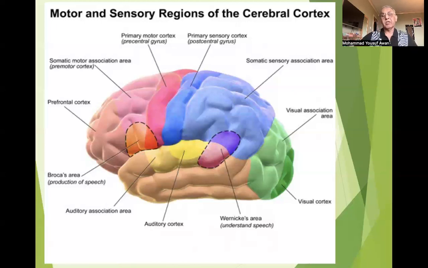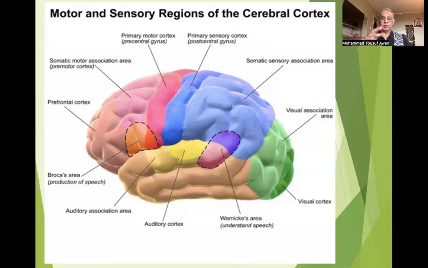As I mentioned in the first part of our lecture, the result of damage to the cortex depends upon which part of the cortex is damaged. To lose your consciousness, you need to lose the entire cerebral cortex, both hemispheres. But if part of the cerebral cortex is damaged, that will result in some focal neurological signs, and that depends upon which part of the cerebral cortex is involved.